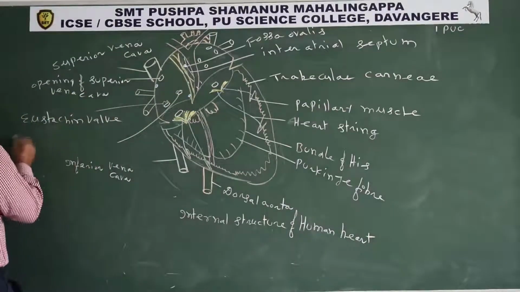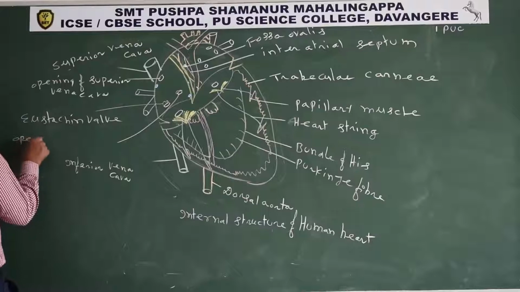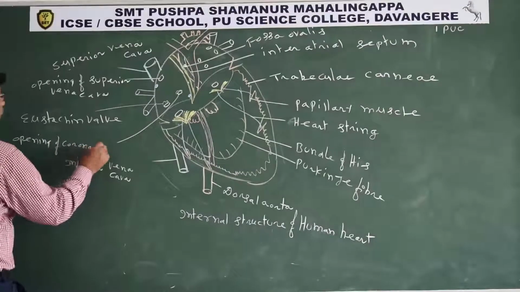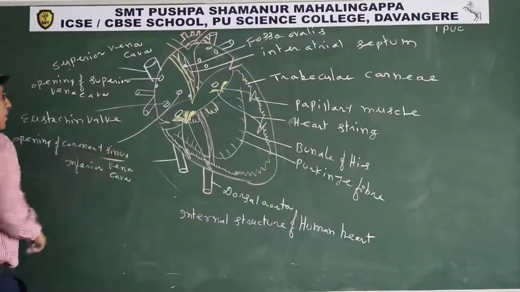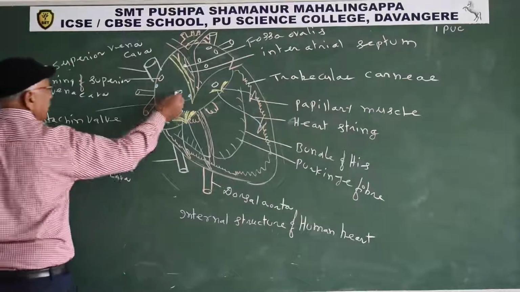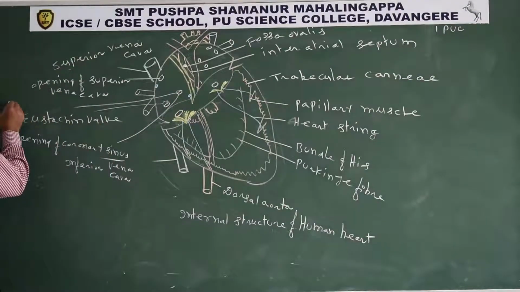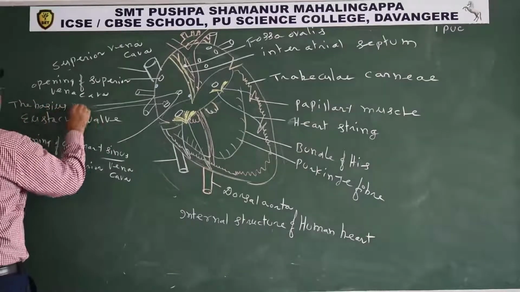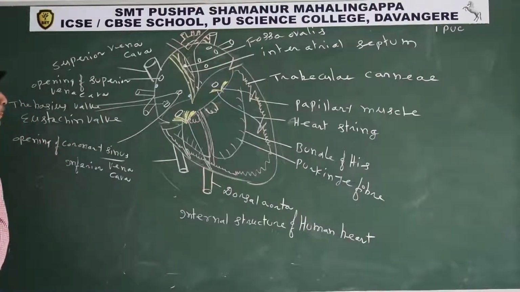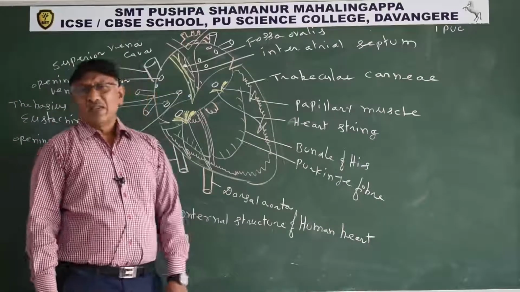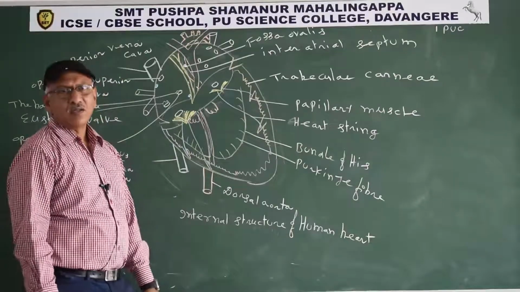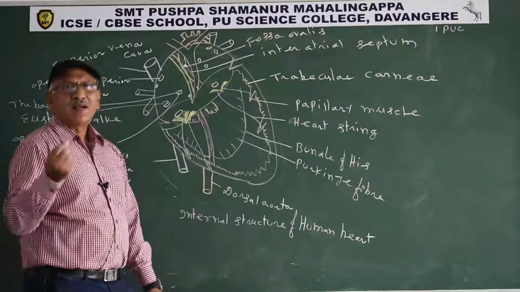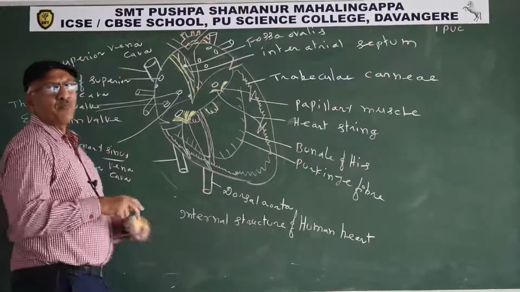Another opening is the opening of the coronary sinus. The coronary sinus is guarded by the Thebesian valve. 4 coronary veins collect blood from the wall of the heart, and these 4 coronary veins release the deoxygenated blood into the concavity present in the wall of the heart.